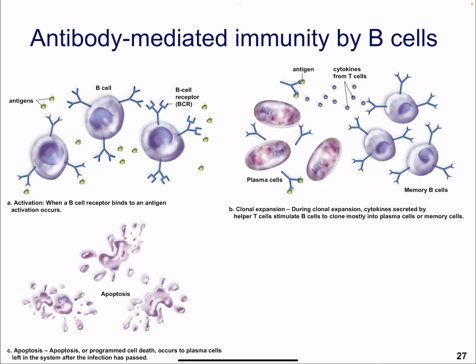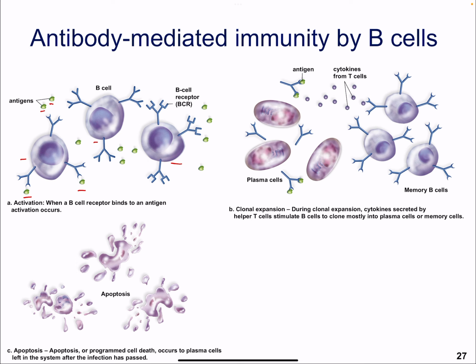So basically, this is what we show here. We show that you have some antigens that are free-floating. Okay? You have different kinds of B cells here with different types of B cell receptors.